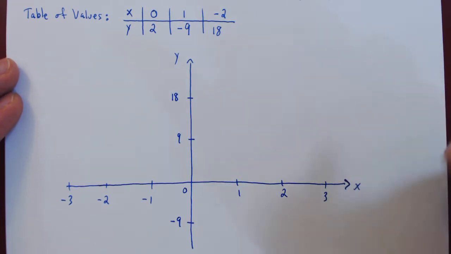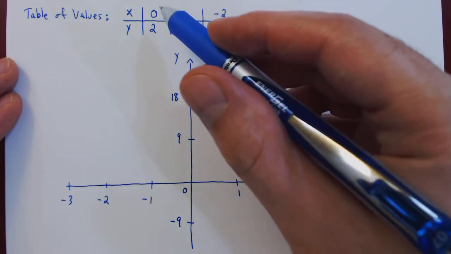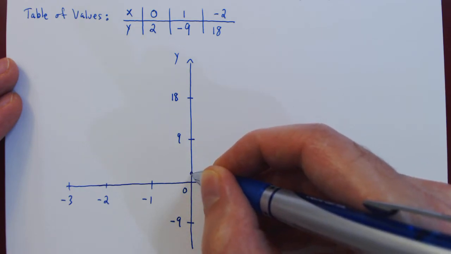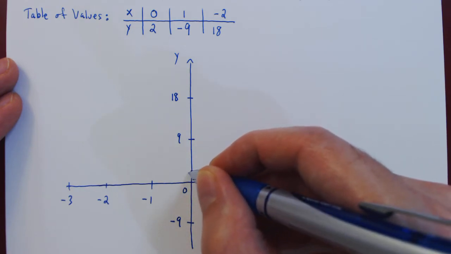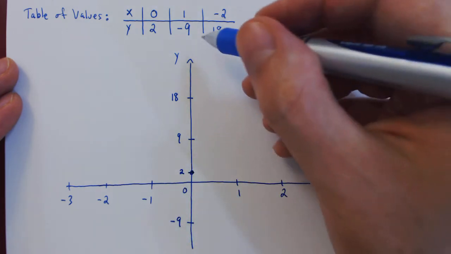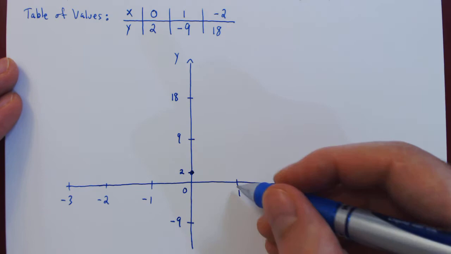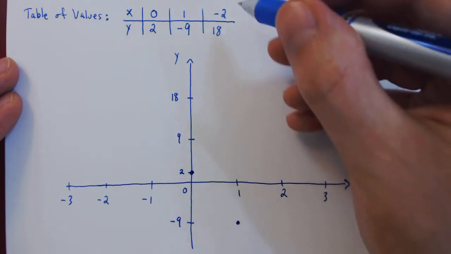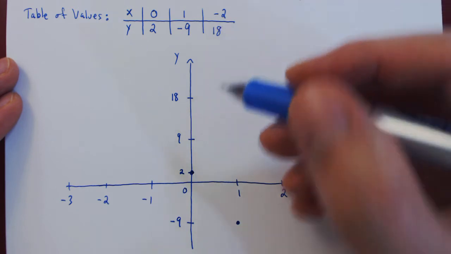And now let's include our 3 points, so that we have the point x equals 0, y equals 2. Then the point x equals 1, y equals negative 9. And finally, x is negative 2, y is positive 18.